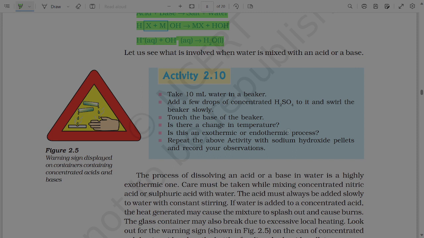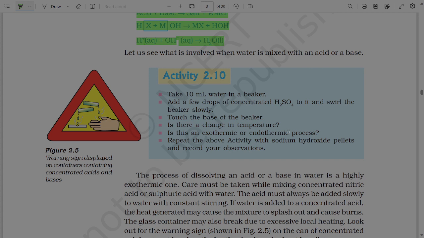In exothermic processes there is an evolution of heat, or the reaction produces heat. While in endothermic processes, the reaction takes in heat and there is a decrease of temperature.